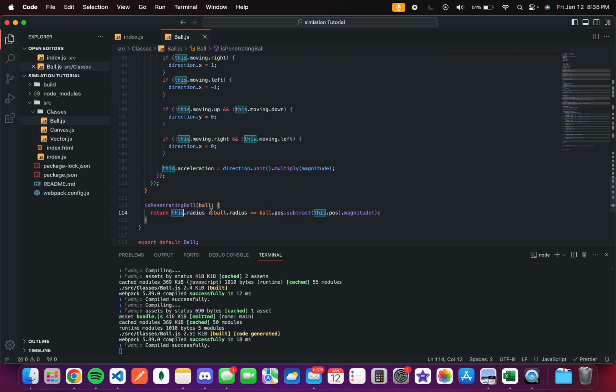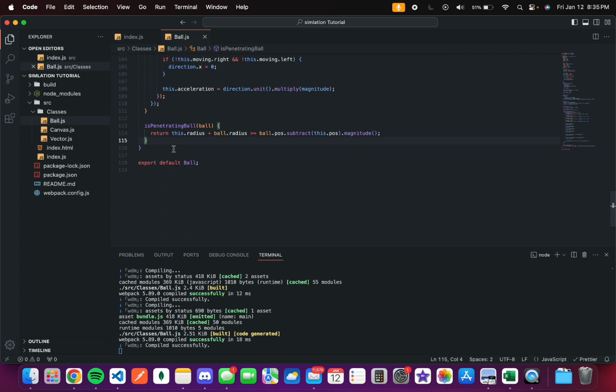So what this formula is essentially doing is it's returning a true value if the sum of the radii of the balls is greater than the distance between the center of the balls. Because at that point, that means it's penetrating the other ball.